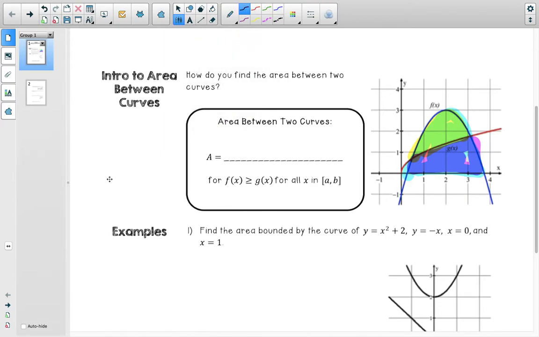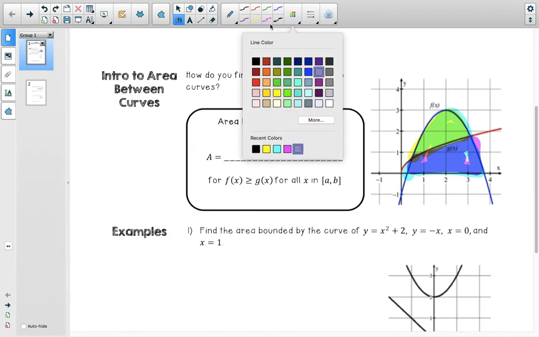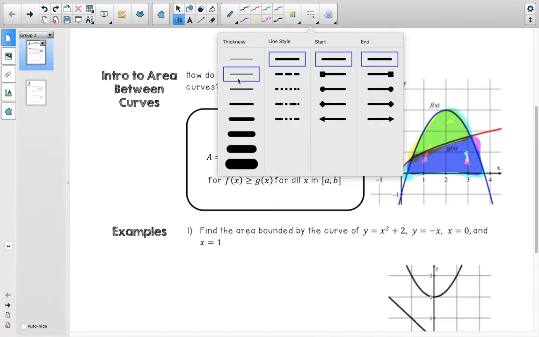So the easier way to think of it is you're integrating, whoa, my color's gone. Let's fix that. You're basically going to integrate from the upper function minus the lower function. That's the way you want to think of it.